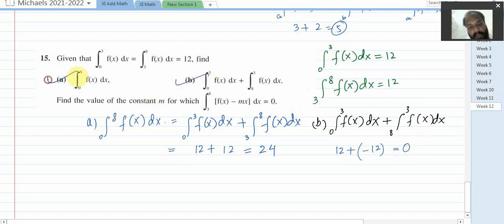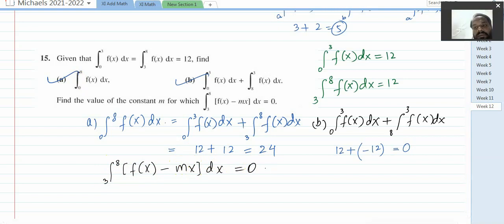And after that it says find the value of the constant m for which the integral from 3 to 8 of f of x minus mx dx is equal to 0. So in this expression we need to find the value of m.